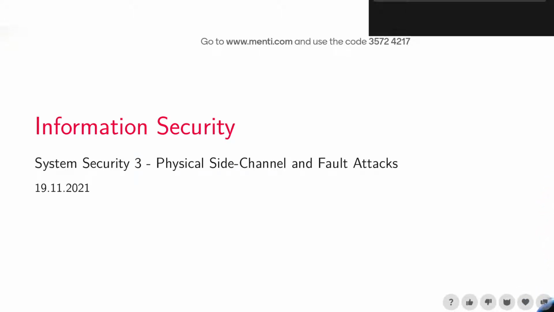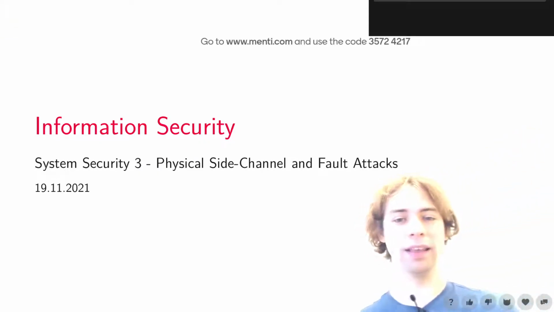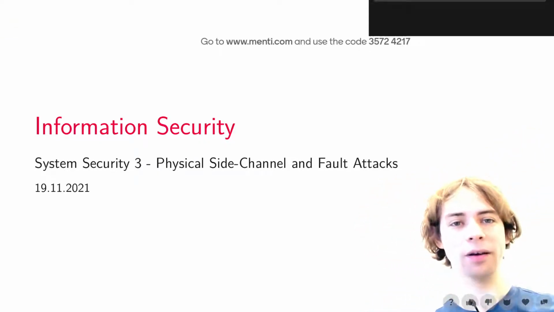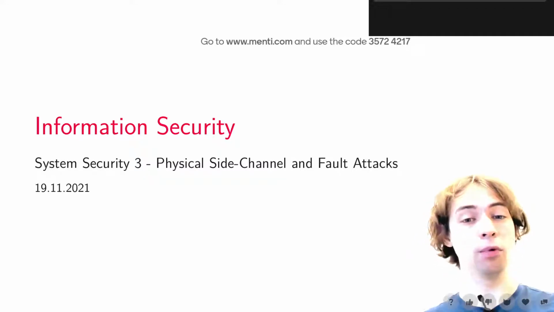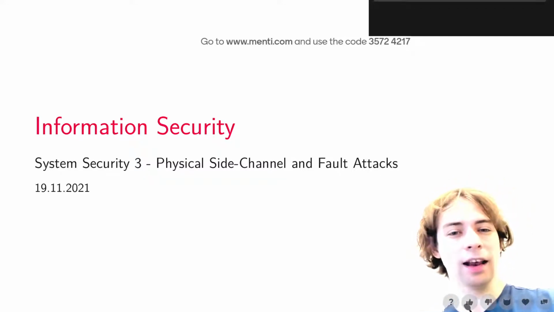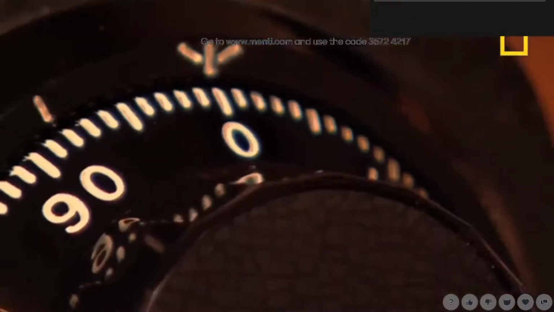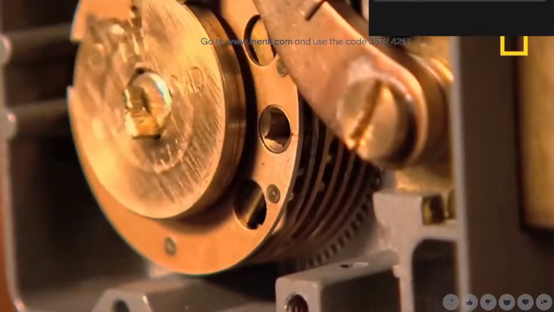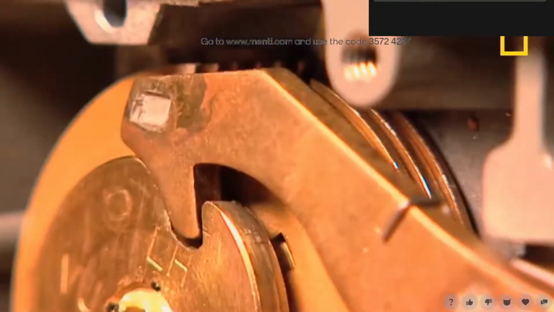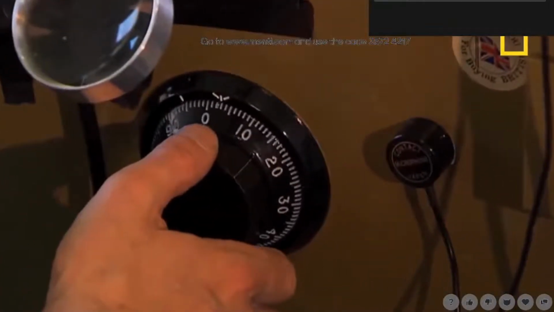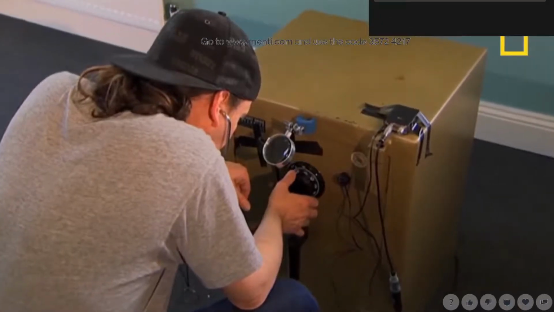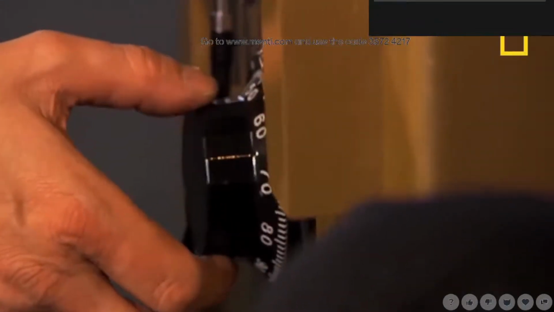I have a lot of slides, and I also have some videos to start with. So a side channel. You all know side channels already. I mean, not just from the last lecture, but also from maybe the movies. So you probably have seen that in TV somewhere, or in some movies somewhere, where they try to crack a safe open, and the safe internally, if it's such a safe with a wheel, has these latches, and they snap in if you are at the right number and turn it the other direction, and that makes some noise.